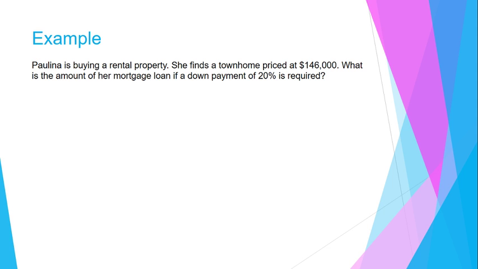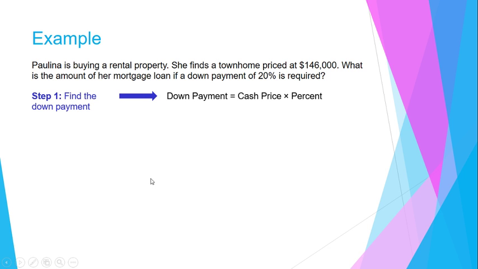So the first thing you want to do is find out what is 20% of 146,000. So to do that, all you have to do is multiply 20%, remember, convert it into a decimal by moving the decimal place 2 to the left. 20% is written as 0.20.